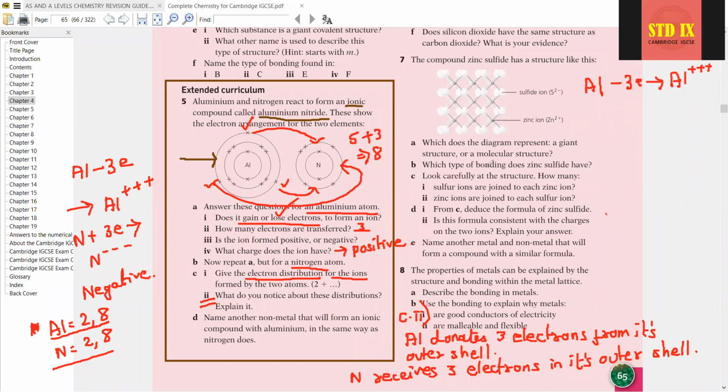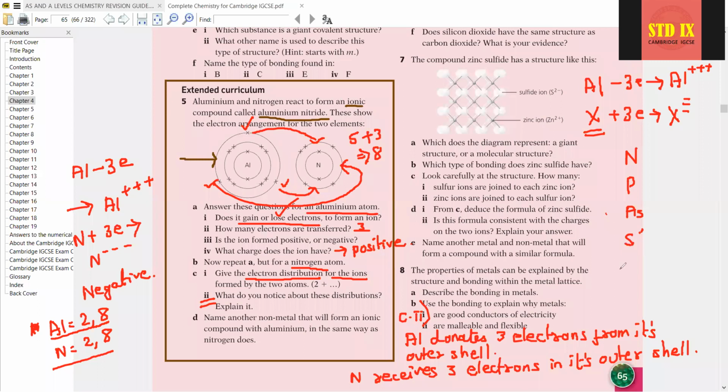So you have to name another non-metal which will take 3 electrons, let the non-metal be X, to form X minus minus minus. How will we know this? Come to the periodic table and go to the group of nitrogen. Below N is P, then As, then Sb, and then Bi.